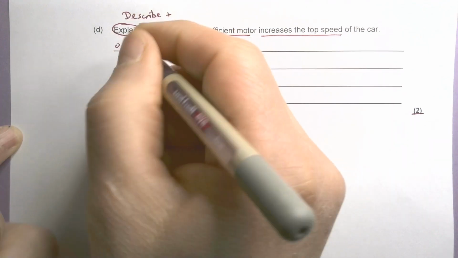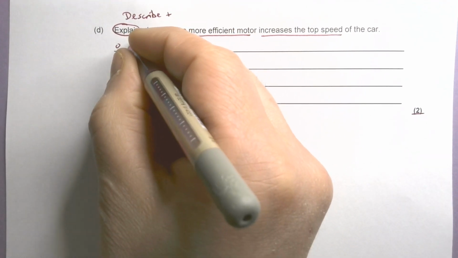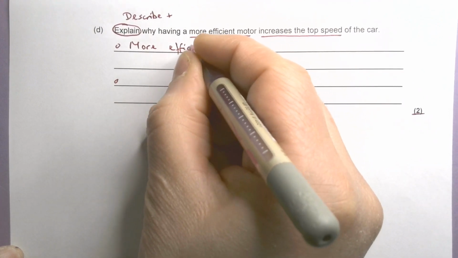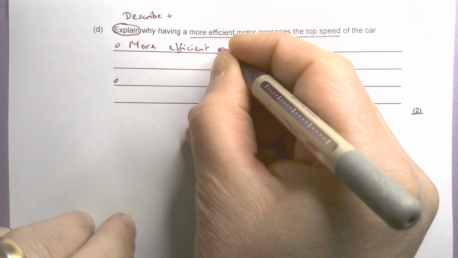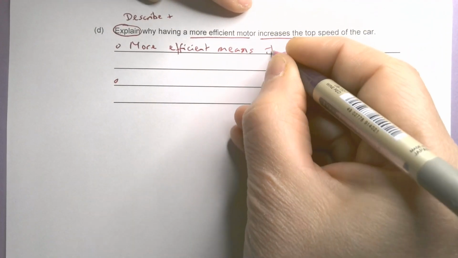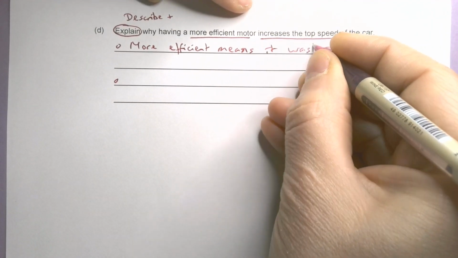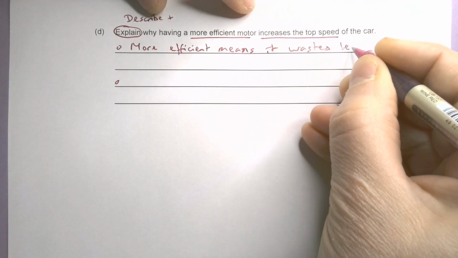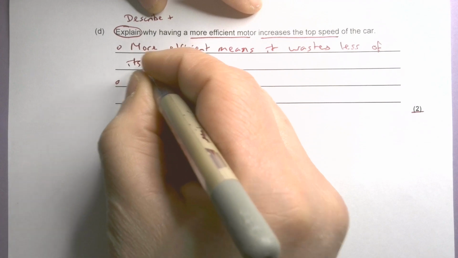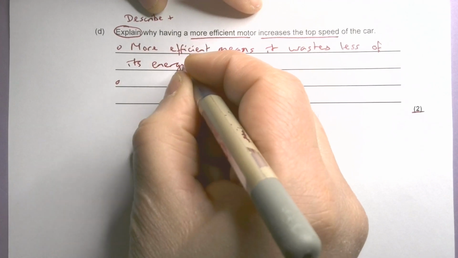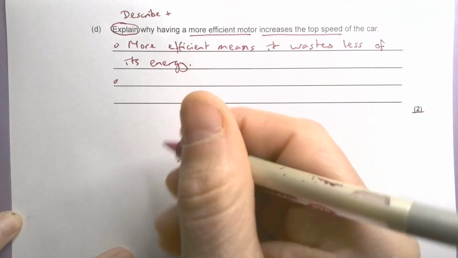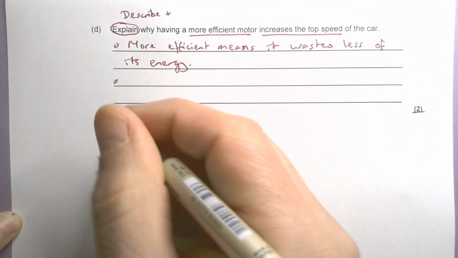Okay, so do I know what more efficient means? Well, if something's more efficient, it wastes less of its energy. A lower proportion, so it wastes less of its energy store. Well, why is that important?